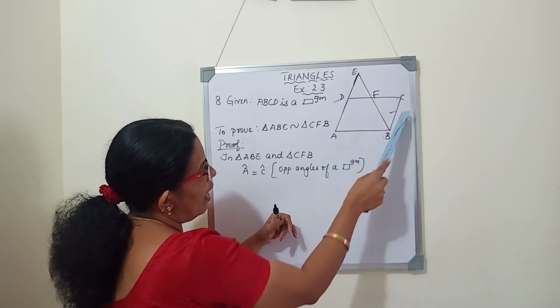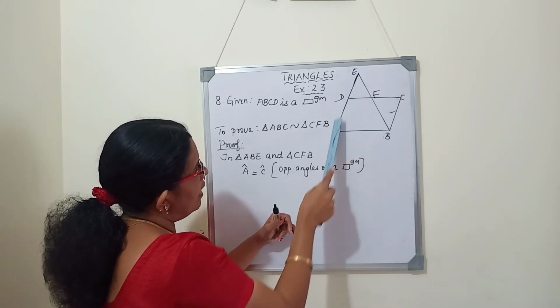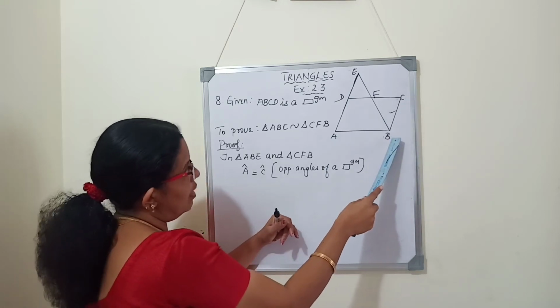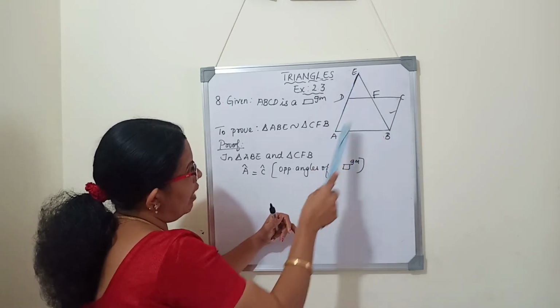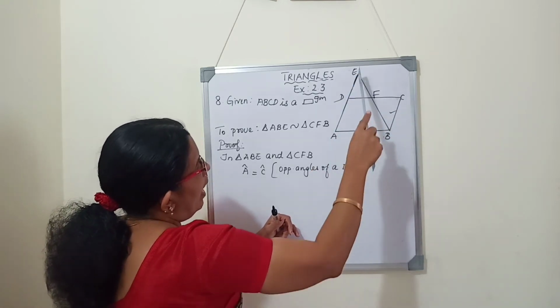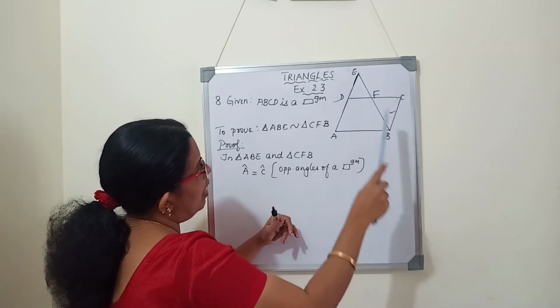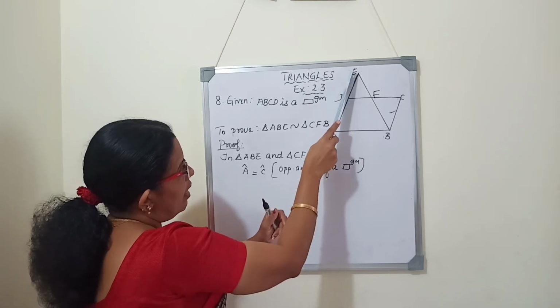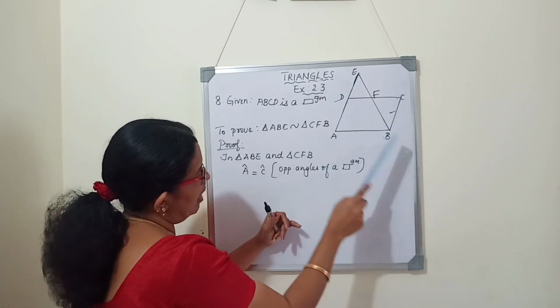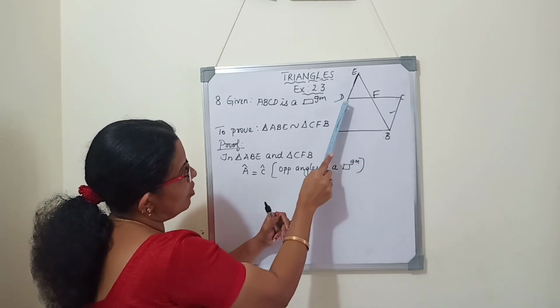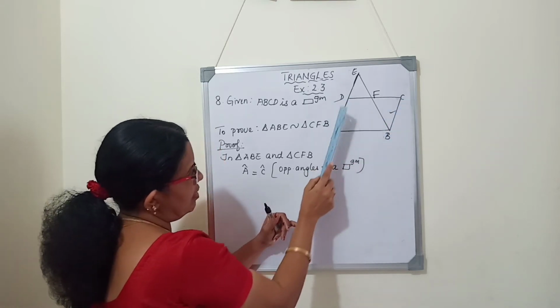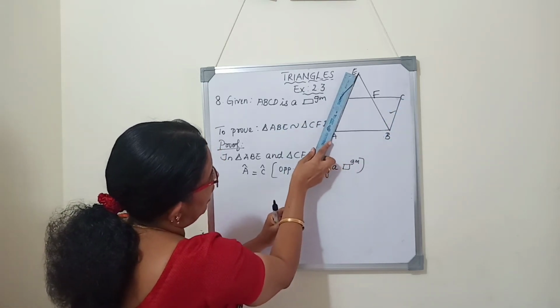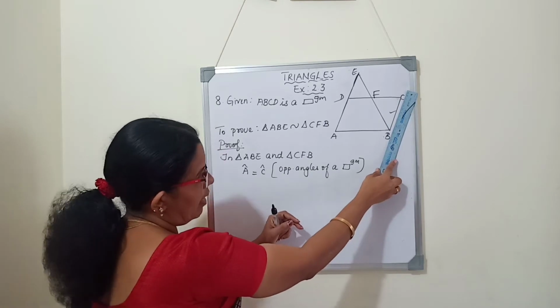If AD is parallel to CB, the whole line AE will be parallel to CB. So if AE is parallel to CB and this is a transversal, how will these two angles be? Once again, AE is parallel to BC because AD is parallel to BC, opposite sides of a parallelogram.